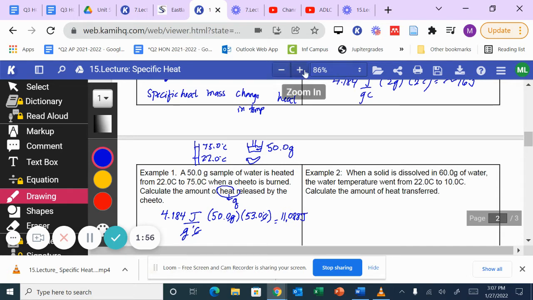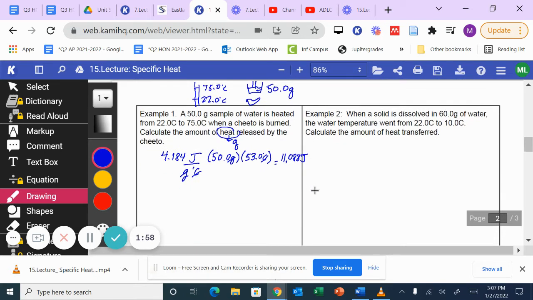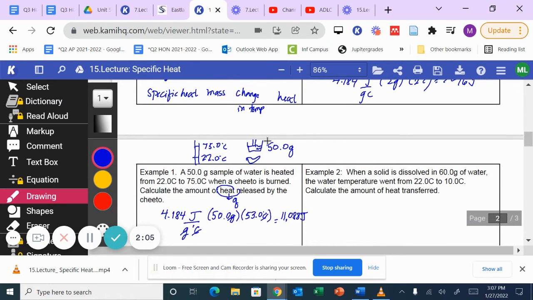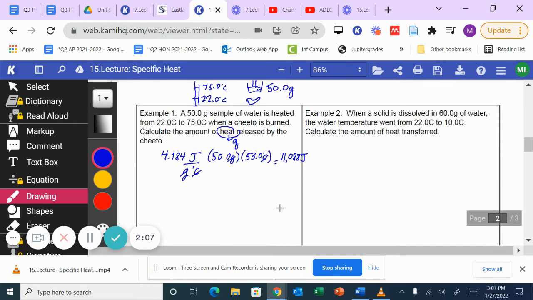Okay, so you can see that this is the same formula as above, where this is the specific heat of water, this is the heat, this is the mass of the water, and this is the change in temperature of the water.